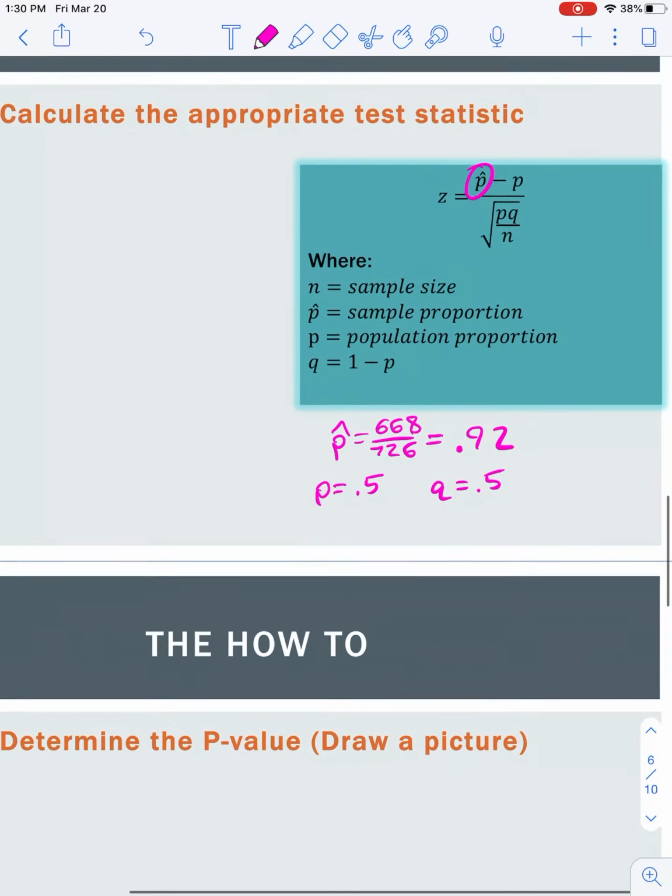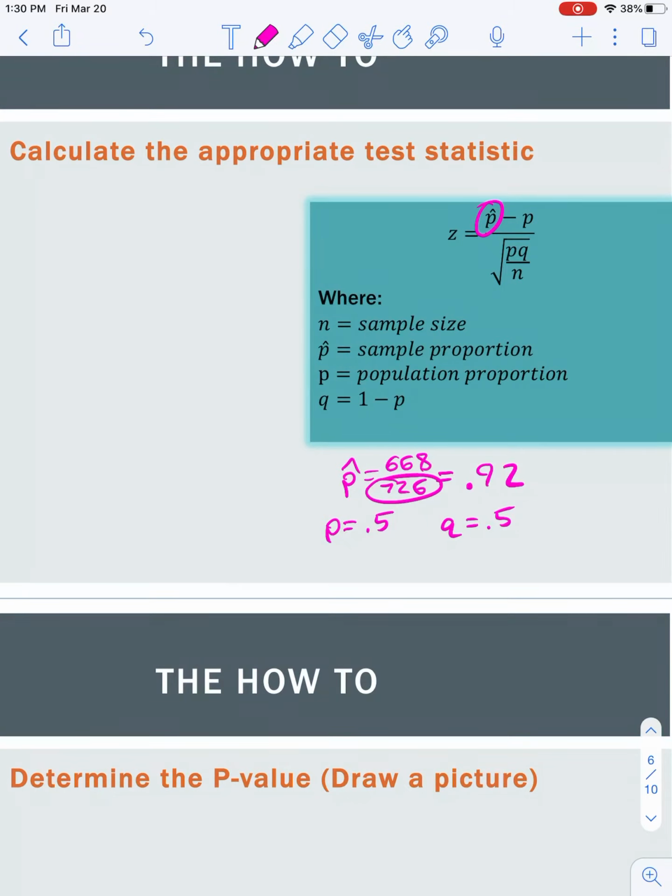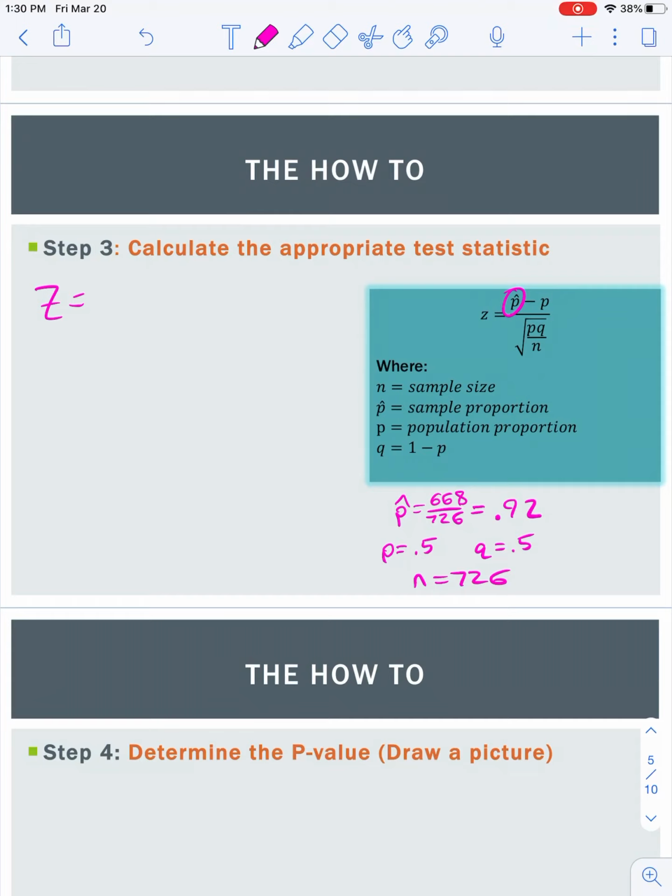So we know our p's and q's, and then our n is always going to be the bottom of that fraction because it's just how many total subjects there were, how many babies. Our n is 726. So all of this information can now get plugged into this formula. p hat is 0.92 minus p, which is 0.5, divided by the square root of pq, which would be 0.5 times 0.5, divided by n, which is 726.